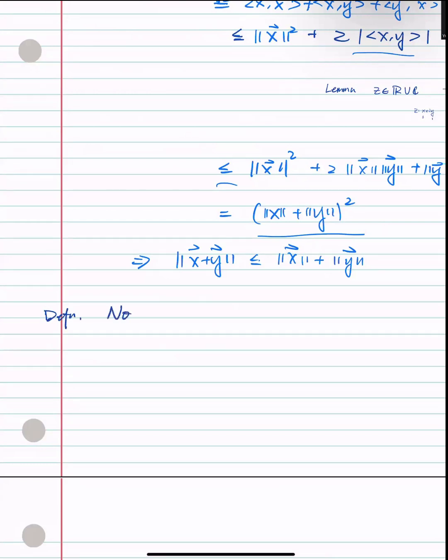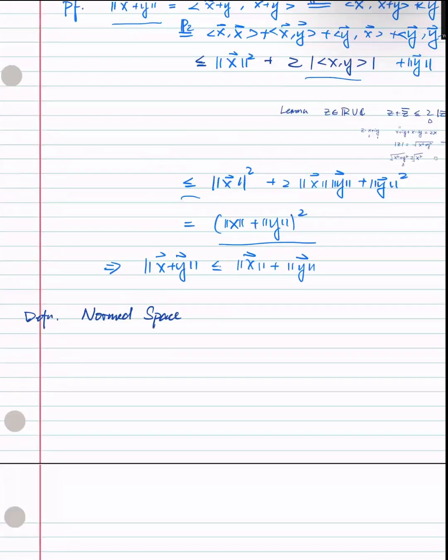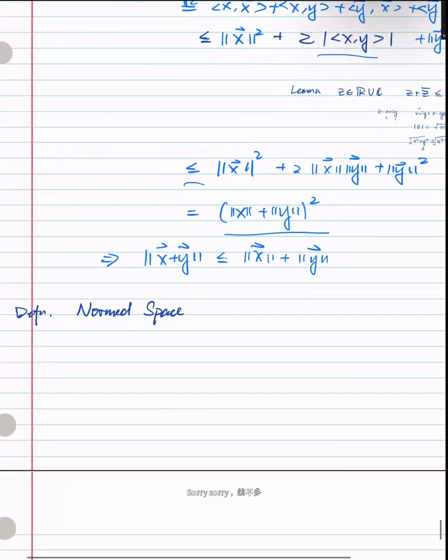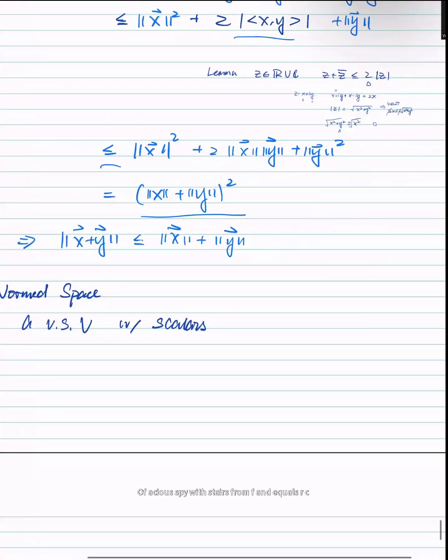We define the norm space to be a vector space V with scalars from F, that we know is either R or C, and a function, the norm.